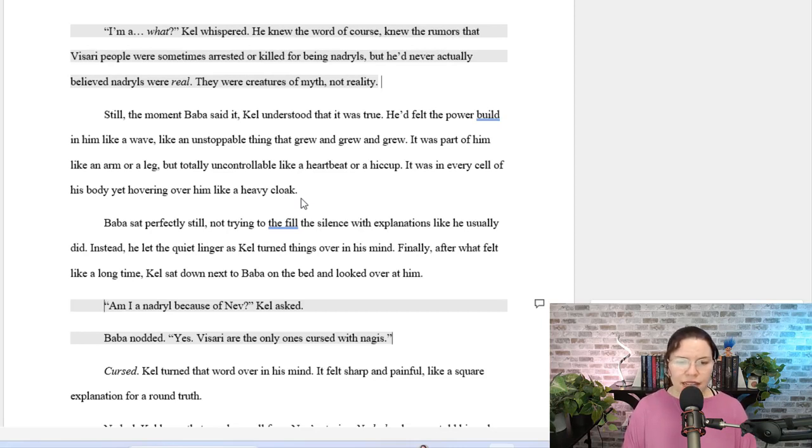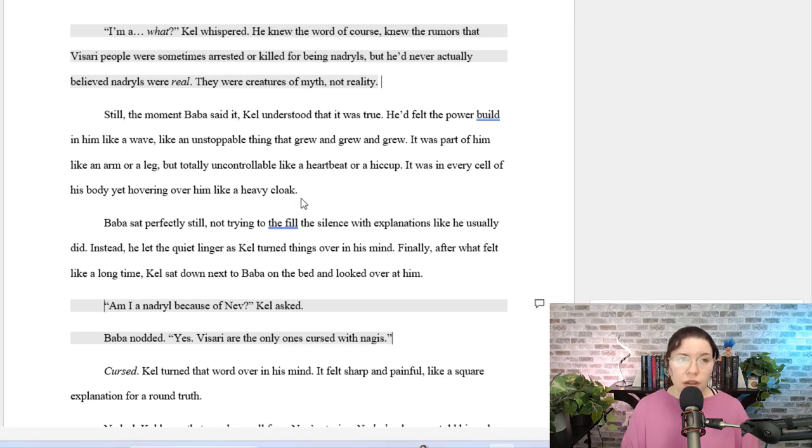It was in every cell of his body, yet hovering over him like a heavy cloak. Baba sat perfectly still, not trying to fill the silence with explanations like he usually did. Instead, he let the quiet linger as Kel turned things over in his mind. Finally, after what felt like a long time, Kel sat down next to Baba on the bed and looked over at him. "Am I a nodral because of Nev?" he asked. Baba nodded. "Yes, the Visari are the only ones cursed with Najas."